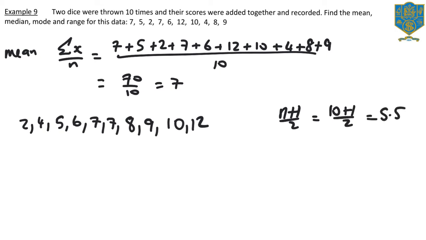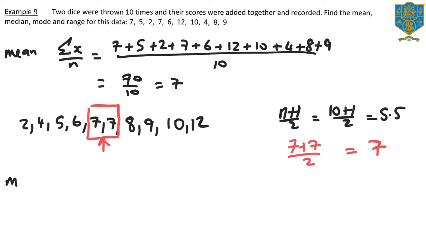So we're going to look between the 5th and the 6th term. So we've got 1, 2, 3, 4, 5, and 6. So the median is in the middle of 7 and 7. And what we do for those, we would do 7 plus 7. So whatever those two values are, we add them together and divide by 2. We find their mean. And the median is going to be 7.